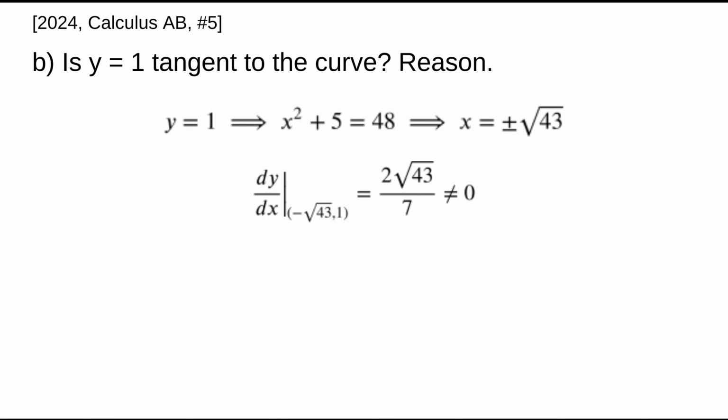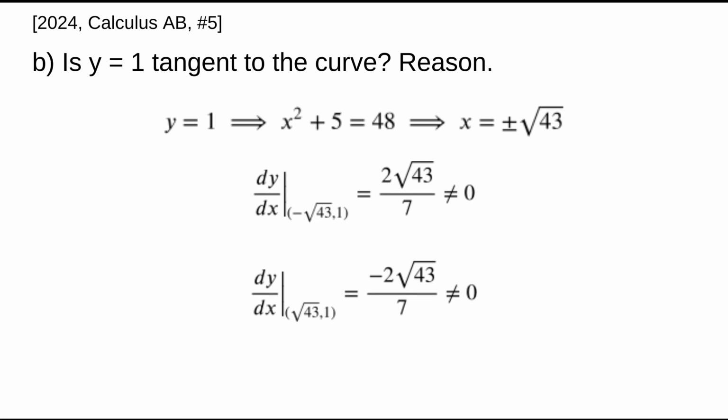Great. Let's plug those values into our formula for dy/dx and see if we get 0 for any of them. All right, so if we plug in the negative square root of 43 for x and 1 for y, we get a slope, but it's not 0. And if we plug in positive square root of 43 for x and positive 1 for y, we also get a slope, and it's still not equal to 0.